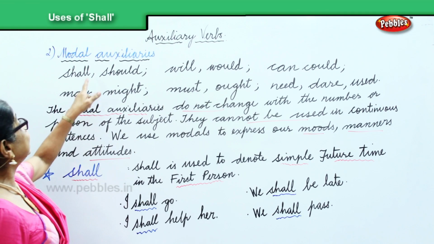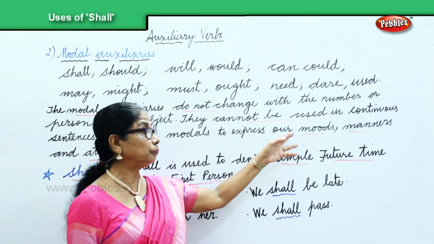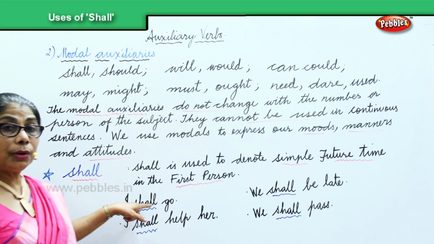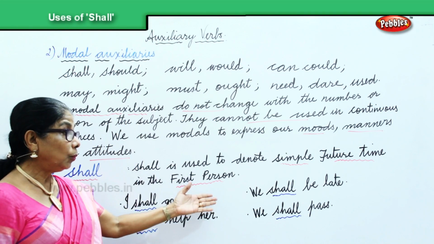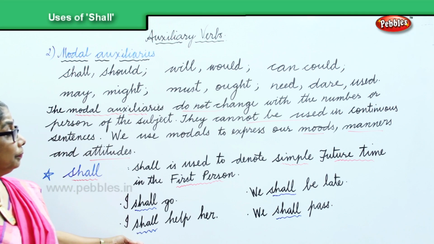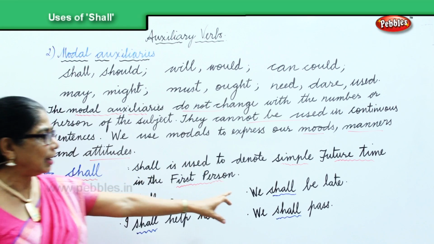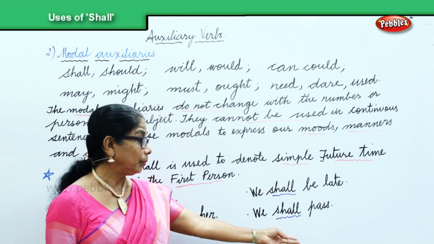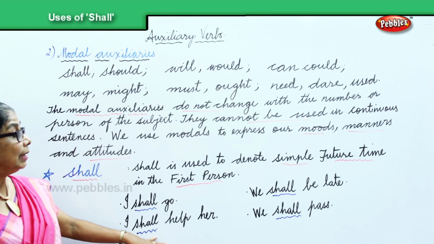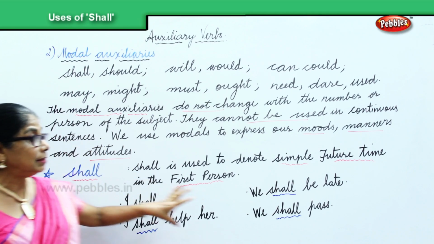We use these modal auxiliaries to express our mood, manners, or attitude. Now, I shall go. We shall be late. We shall pass. I shall help her. So shall is used to denote simple future time. We shall be late, future time. We shall pass, future. I shall go. I shall help her. So the verb shall does not change whether it's one person or many persons.